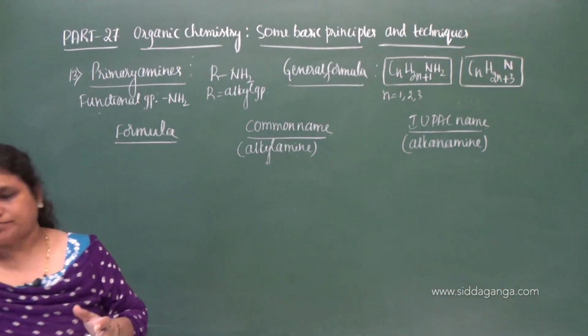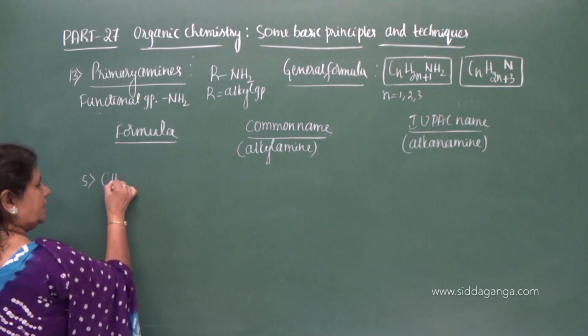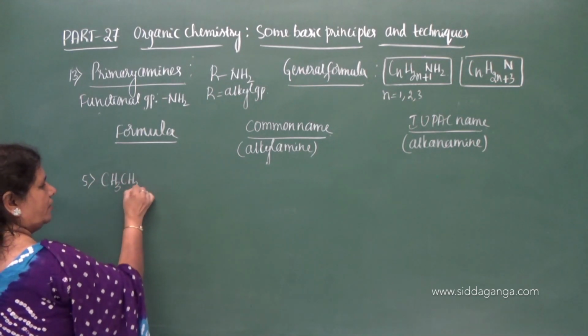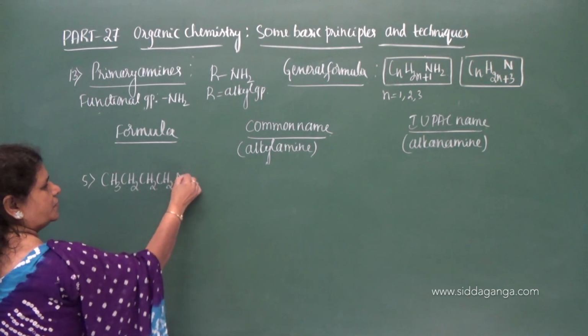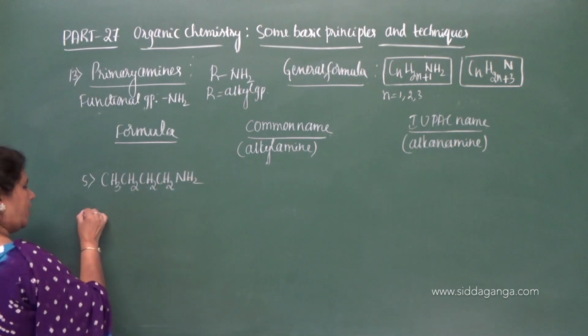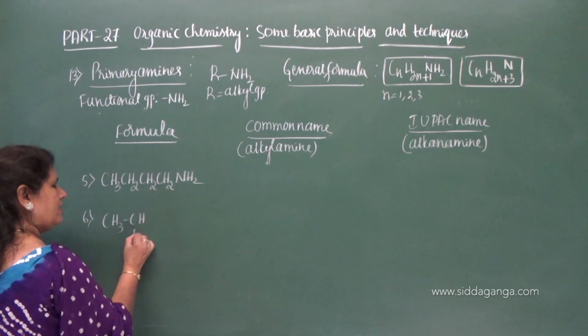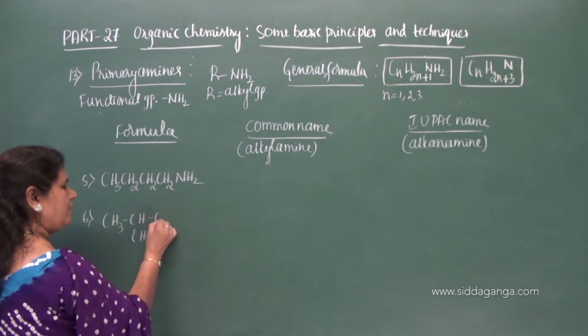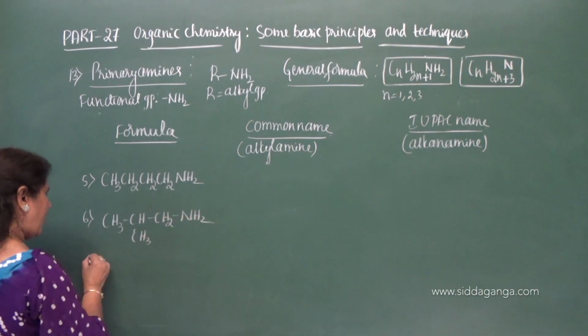Fifth one. Let us increase the carbon by 1 unit: CH3, CH2, CH2, CH2NH2. Try to write the common name. Then the sixth, CH3, CH2, CH, NH2, CH3.